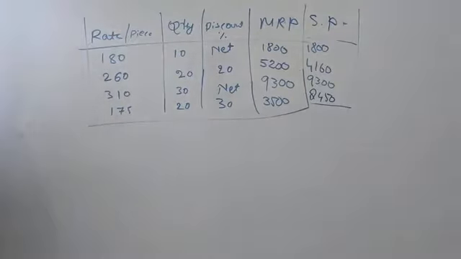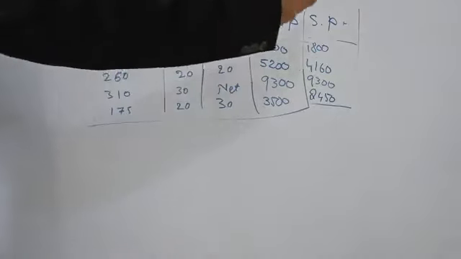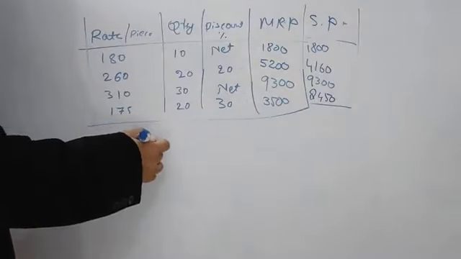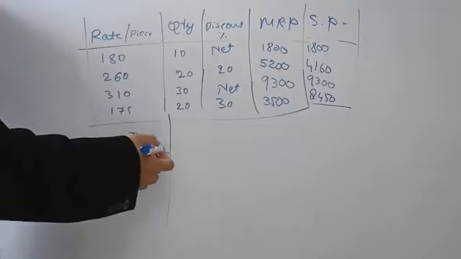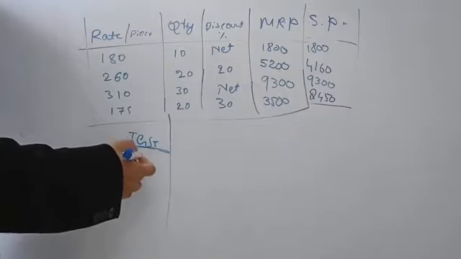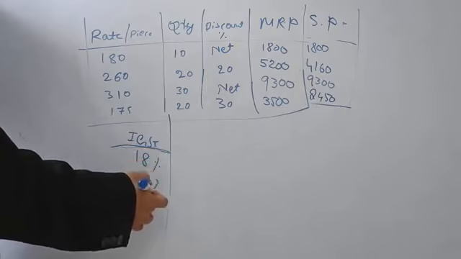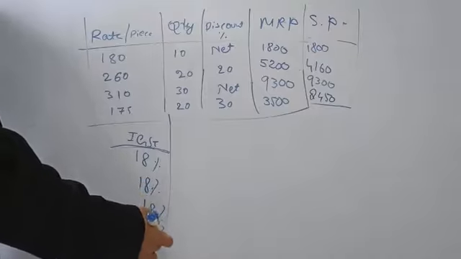Now we have to calculate IGST. They gave SGST as 9%, so we double it, and we take 18% for all.